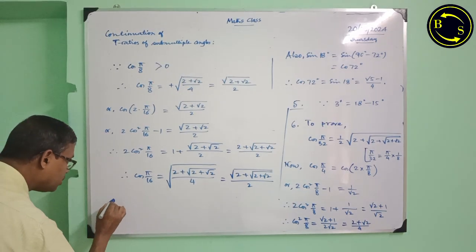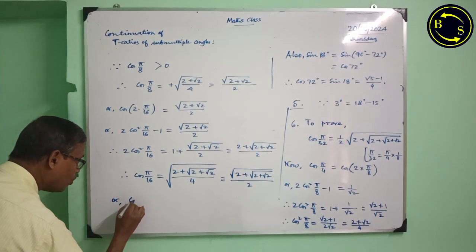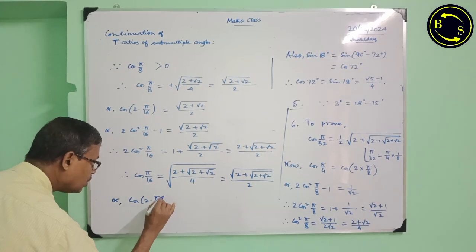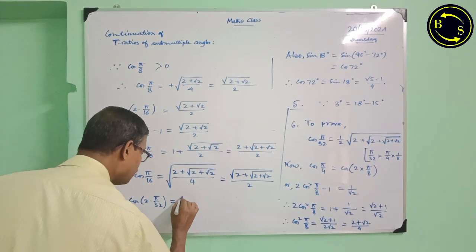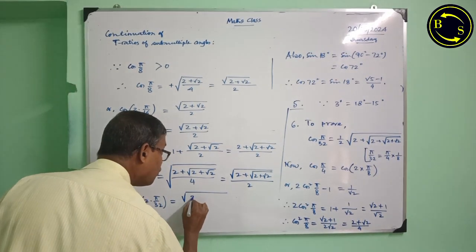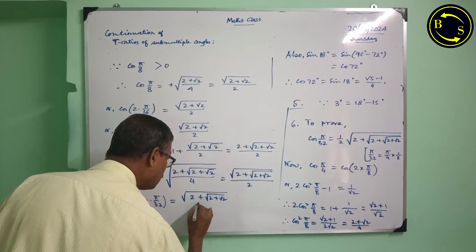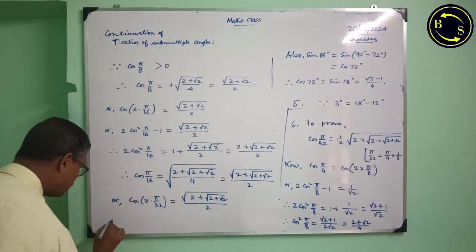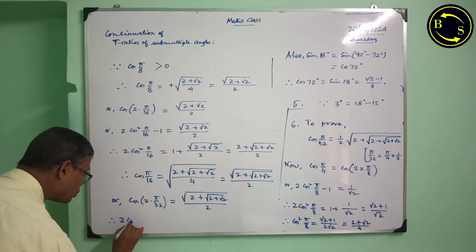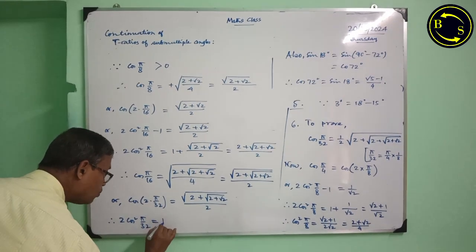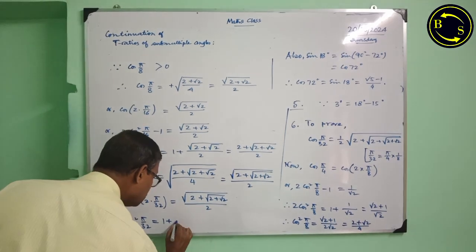Again we can write it as cos 2 into pi by 32, that is equal to square root 2 plus square root 2 plus root 2 whole by 2. Therefore 2 cos square pi by 32 is equal to 1 plus this one.